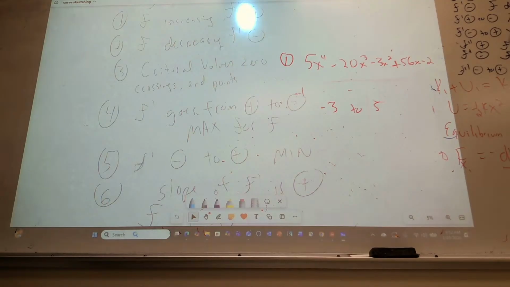If you want to get a real clear view, you can go all the way from -100 to 150, but let's just get our zero crossings.